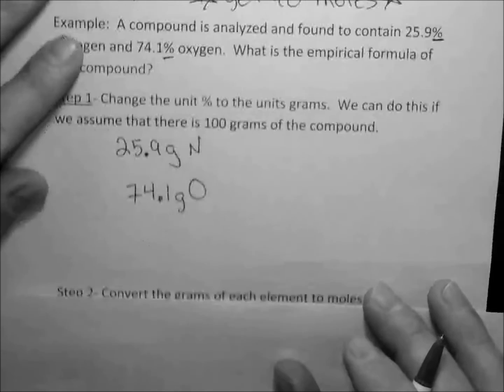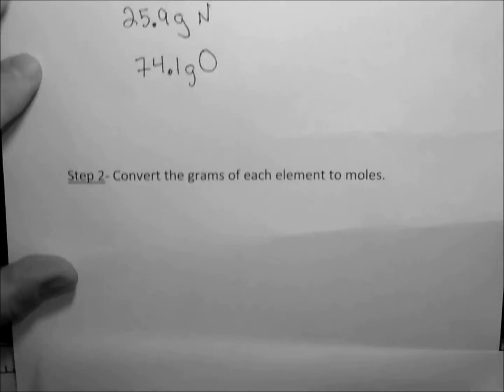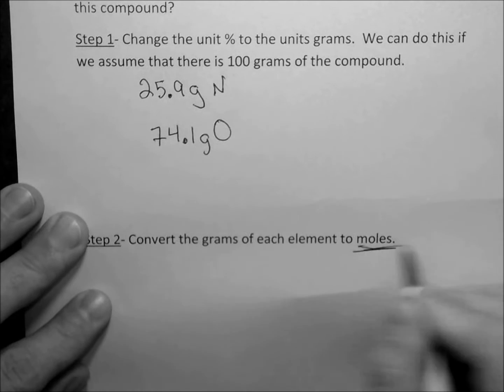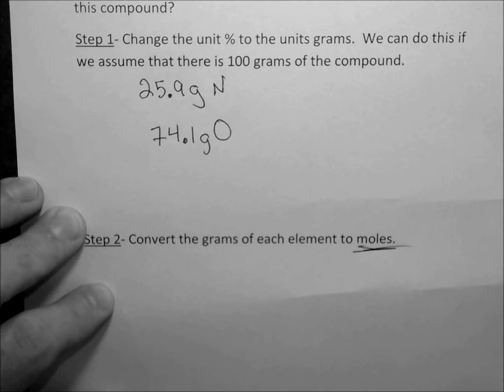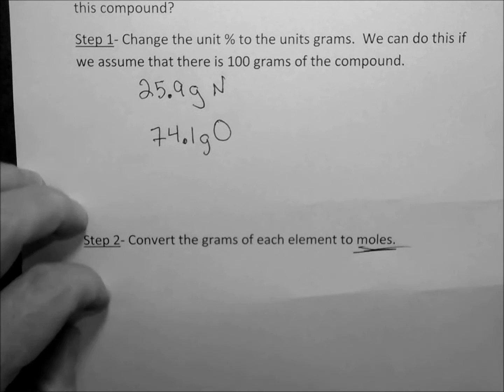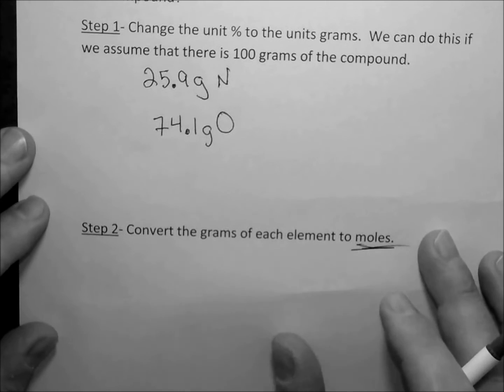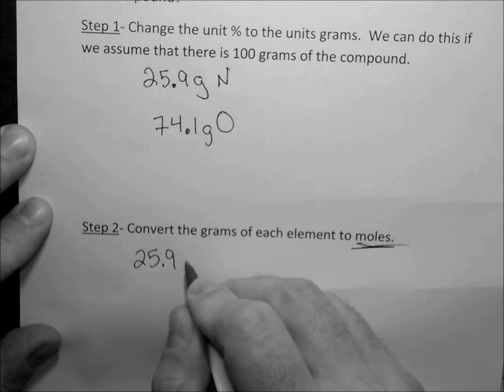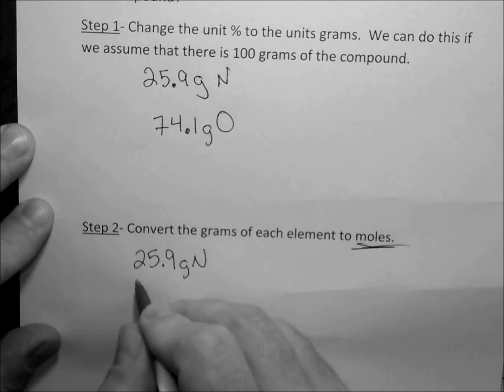Okay. Now, step two. Here's where we start getting into it. We're going to convert the grams of each of these elements to moles of those elements, because that's the key thing. We want moles. That's what we want. When we have moles, we have a formula. All right. So, 25.9 grams nitrogen.